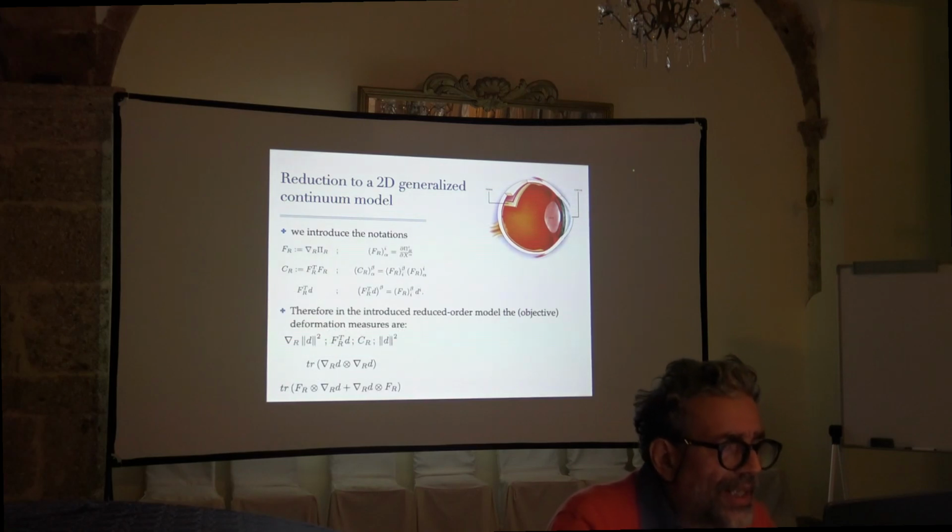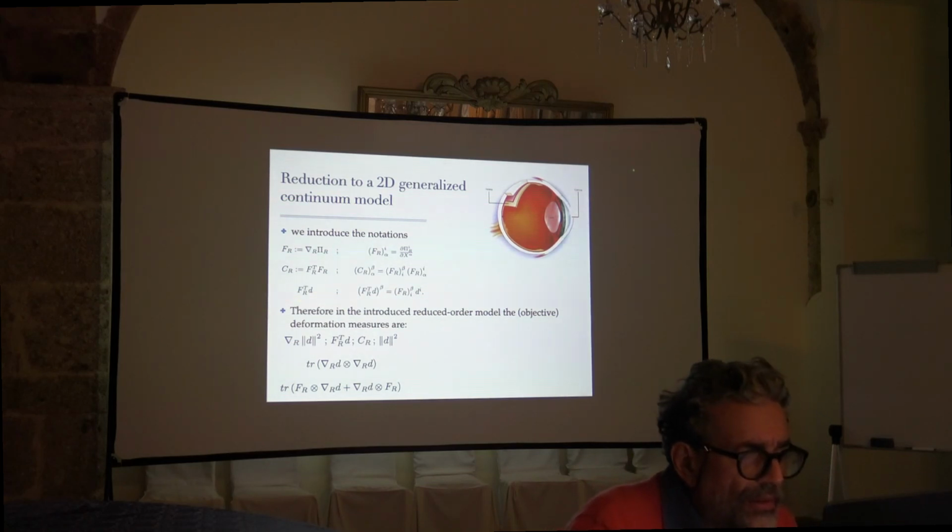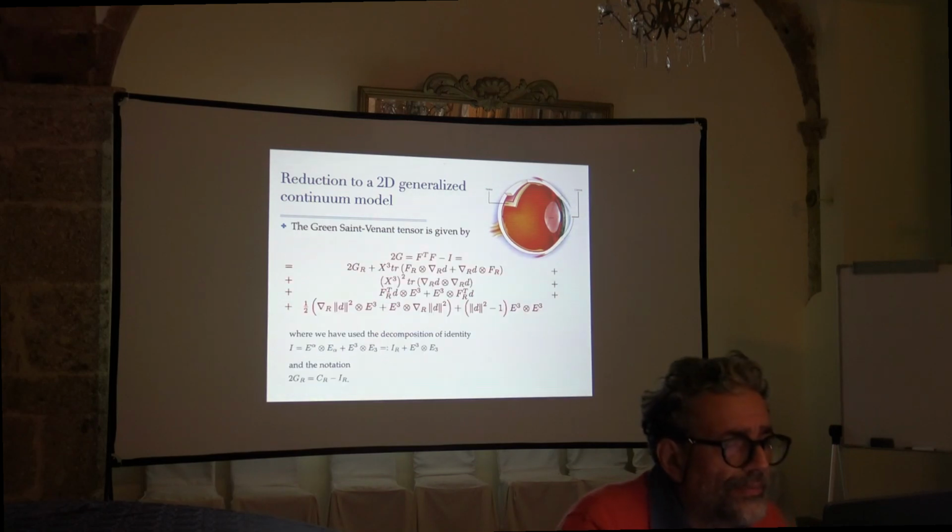Okay, gradient of norm d squared, F transpose d, and then all these quantities you see there. Okay, so the Green-Saint-Venant tensor can be represented in this way.